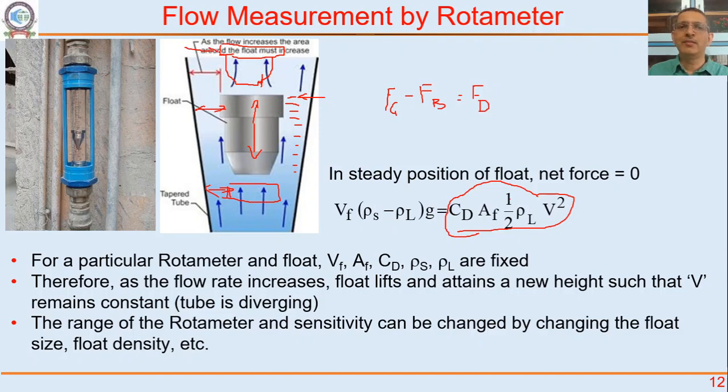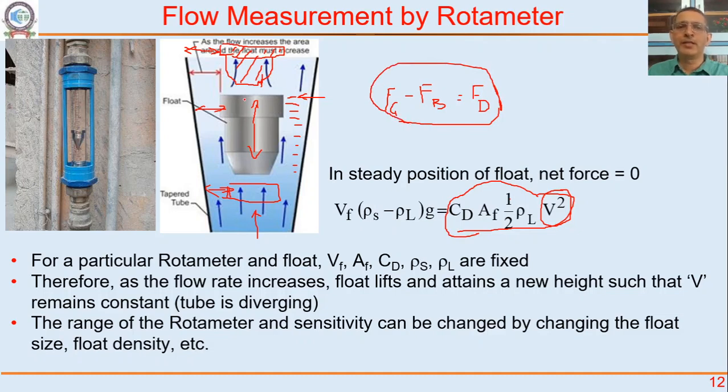So as the fluid velocity or flow rate goes up, this float will go up, but then because of the increased cross-sectional area, the relative velocity of the fluid with respect to the float will reduce, and again this float will come to a new equilibrium floating position, where again the gravitational force minus buoyancy force is exactly equal to the drag force.